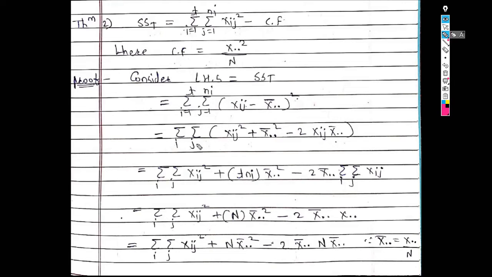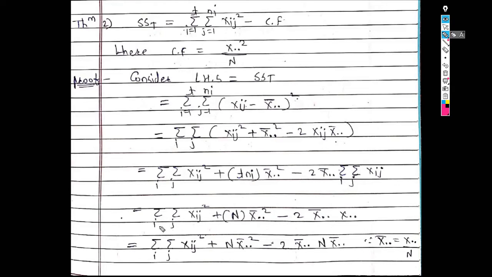So summation over i and j can be written as t into n_i, meaning total number of observations, into x dot dot bar squared, minus 2 times, taking x dot dot bar outside the summation sign, summation over i summation over j x_ij.